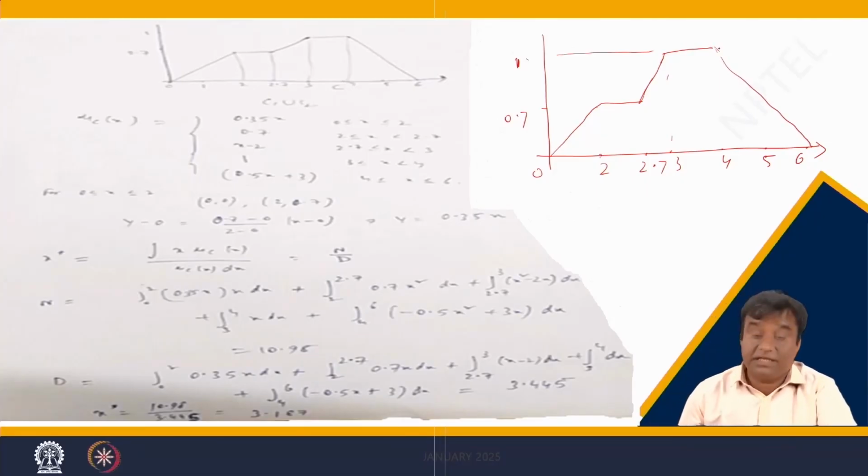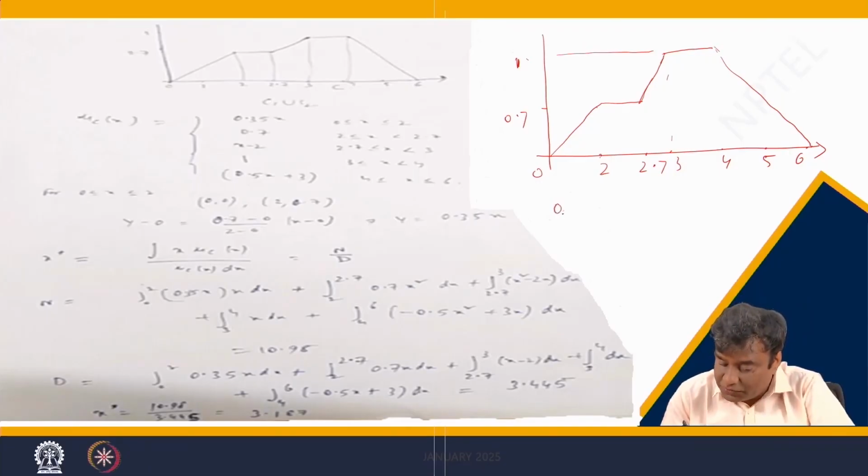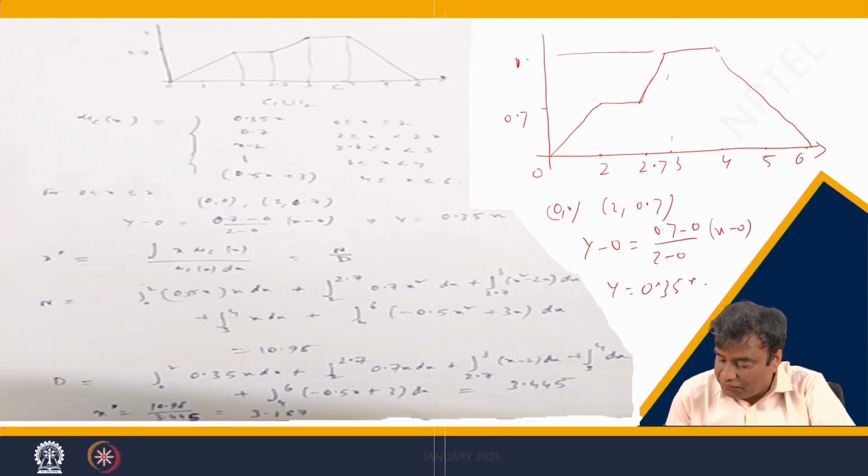If you find the equation of the straight line, you will get this point as (0, 0) and this point as (2, 0.7). So y minus 0 equals (0.7 minus 0) by (2 minus 0) times (x minus 0), that is y equal to 0.35x.